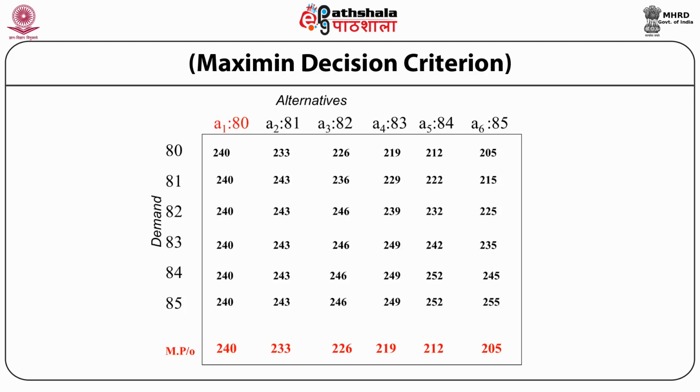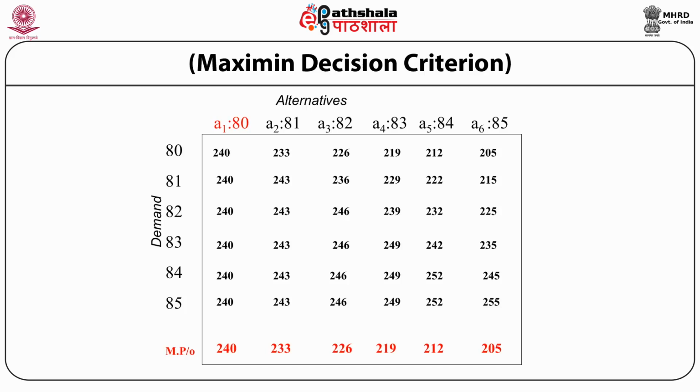So in this, what we do is consider the minimum payoffs resulting from adoption of various alternatives, and among those the maximum one is selected. Thus it involves the best payoff from a set of worst payoffs.